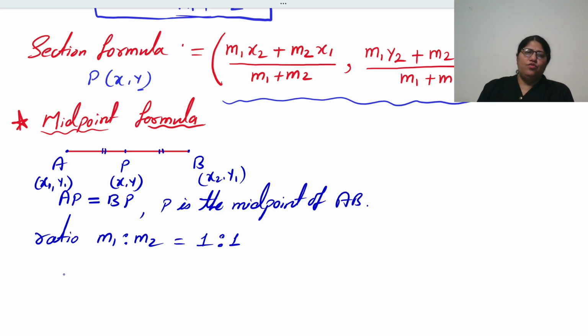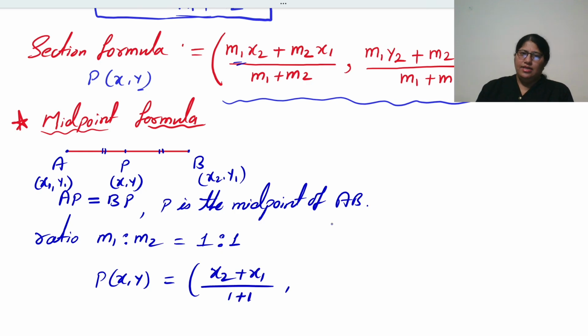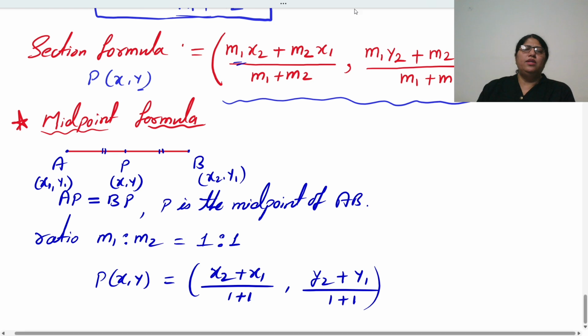And in the section formula, if I substitute here P of x y, with m1 as 1, it is going to be 1 into x2 plus x1 by 1 plus 1, right? Similarly, the m value is 1, so it is y2 plus y1 by 1 plus 1, because your m1 is to m2 is 1 is to 1.